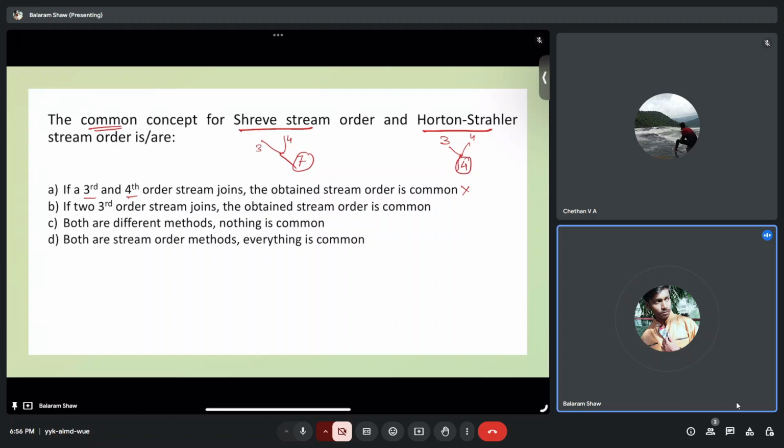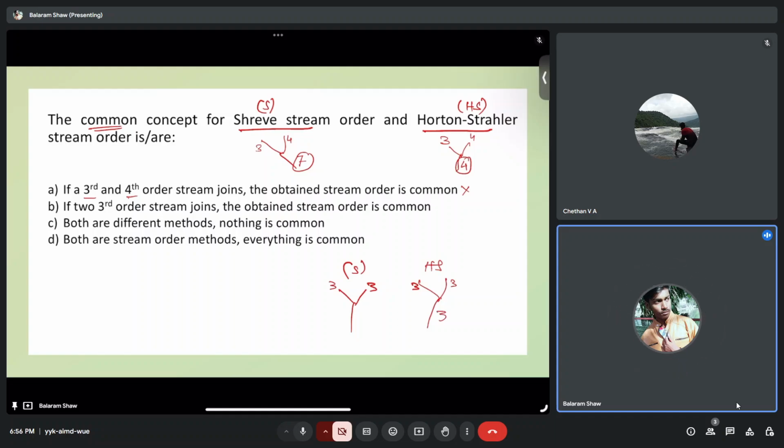Next is, if two third order streams join, the obtained stream order is common. I'll write this as HS and this as S. If two third orders are joining in the case of Horton-Strahler, we know the stream that will form with these two stream orders will again be 3.